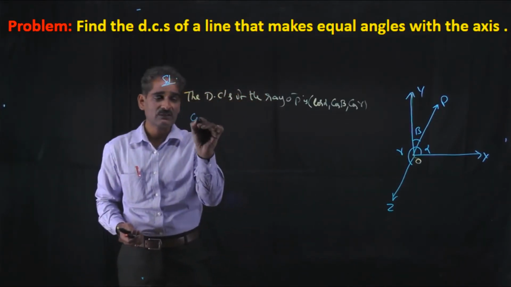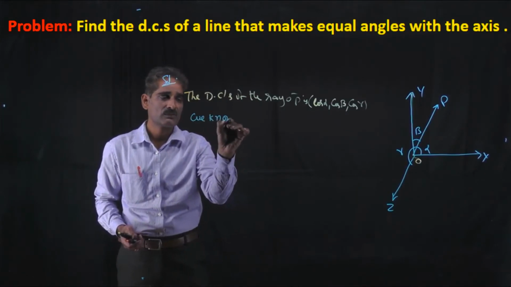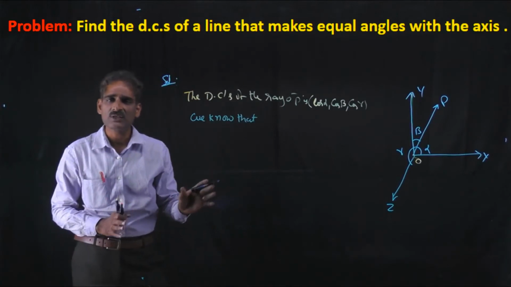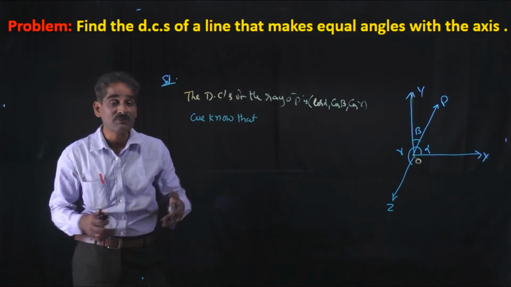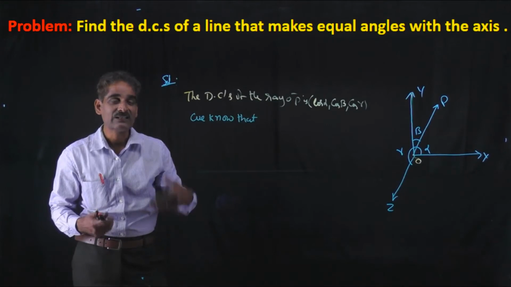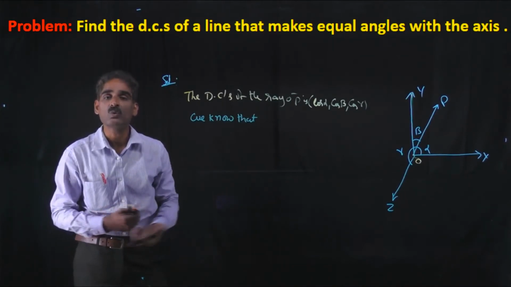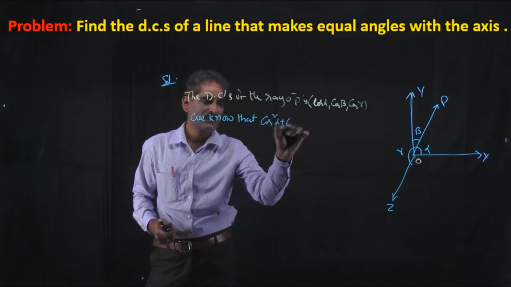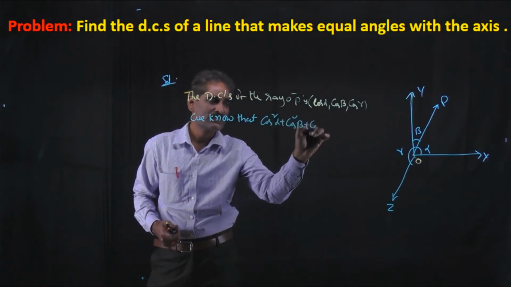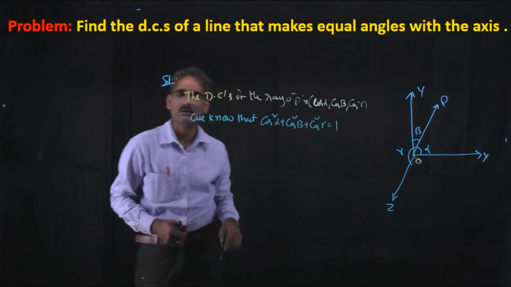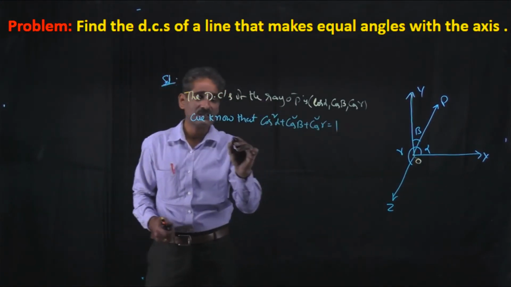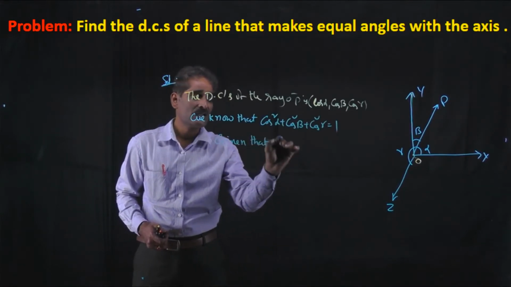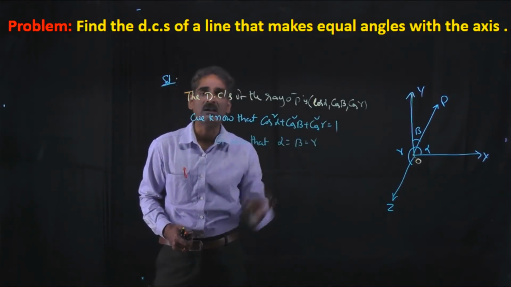We know that for any line, if L, M, N are the DCs, then L square plus M square plus N square, the sum of the squares of the DCs of the ray, is equal to 1. We know that cos square alpha plus cos square beta plus cos square gamma is equal to 1. But here what is the given condition? The angles are equal.